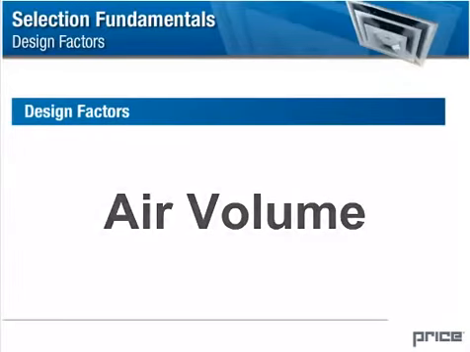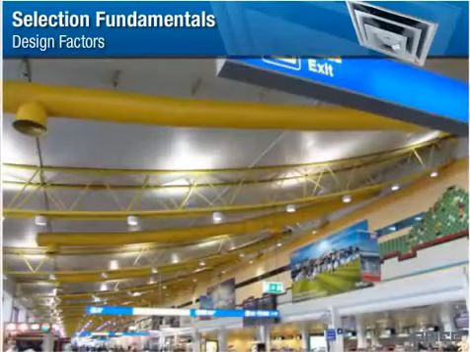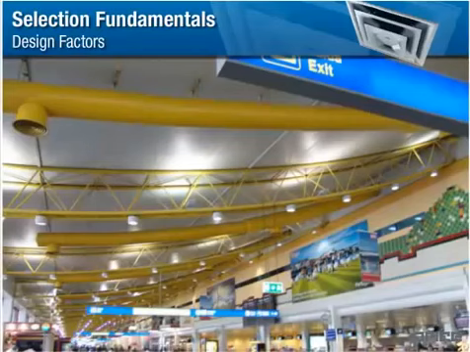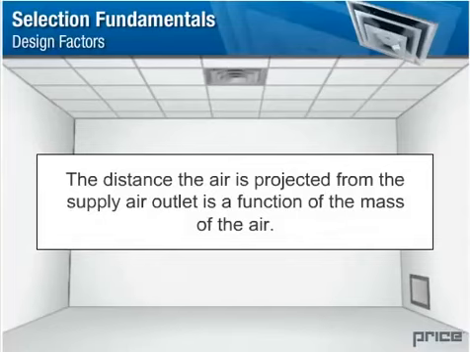Air volume. The actual air volume required to handle the heating and cooling load will also have an effect on the model of outlet used. Generally, the larger the volume per outlet, the more difficult it is to handle comfortably. The distance the air is projected from the supply air outlet is a function of the mass of the air.